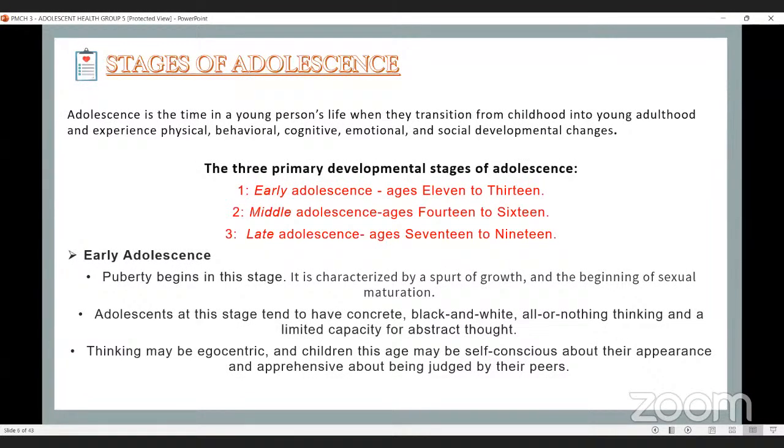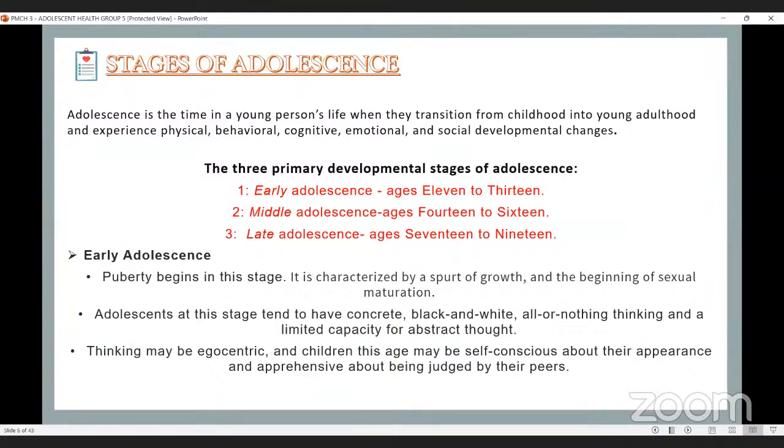Stages of adolescence. There are three primary developmental stages of adolescence. Early adolescence, ages 11 to 13; middle adolescence, ages 14 to 16; and late adolescence, ages 17 to 19. What happens in early adolescence? Puberty begins at this stage. It is characterized by a spurt of growth and the beginning of sexual maturation.